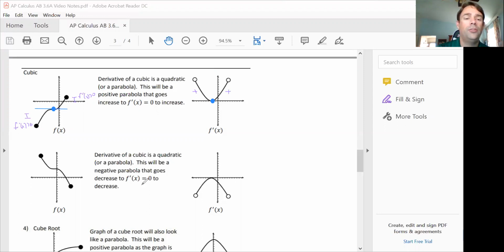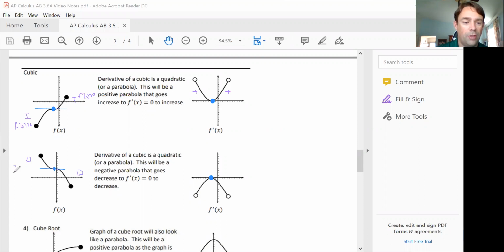Why don't you pause the video real quick and see if you can make this one make sense in your mind. All right, let's see what you guys came up with. Did it make sense? Again, we have a flat line, so that makes it an x-intercept, like that. And it is decreasing, friends. So decreasing to decreasing.